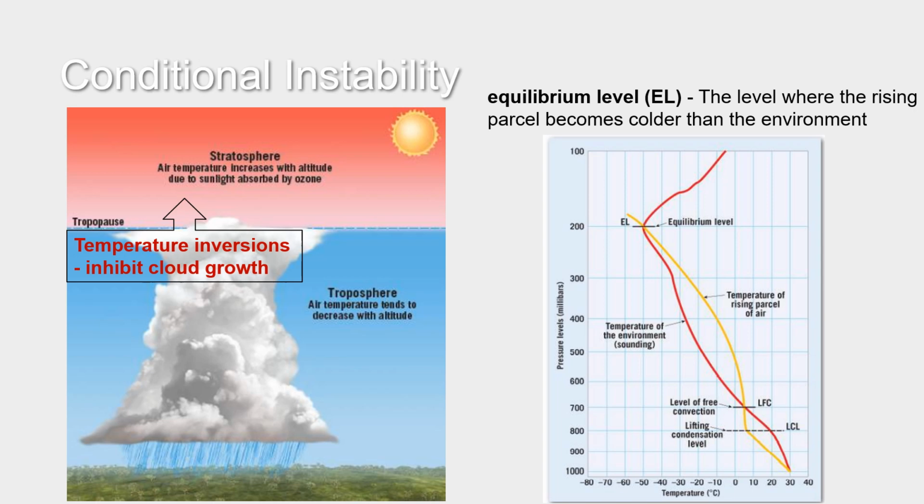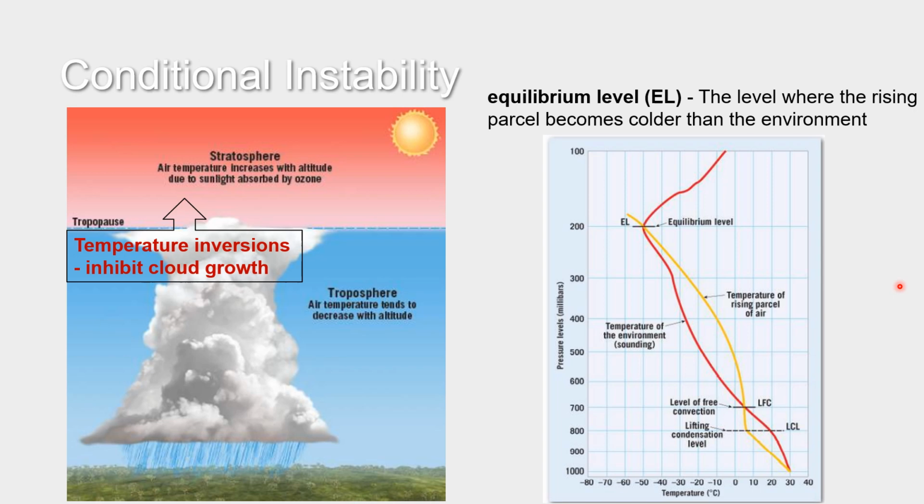So the region of instability and free convection that we've mentioned only exists until the yellow line, which represents the temperature of the rising parcel of air, intersects with this red line, which represents the temperature of the environment.